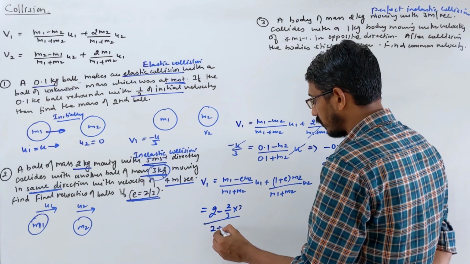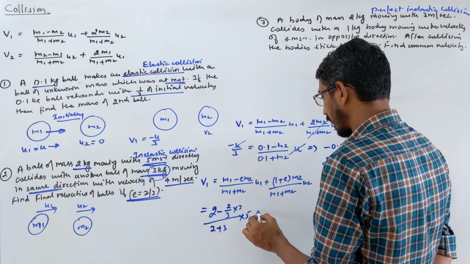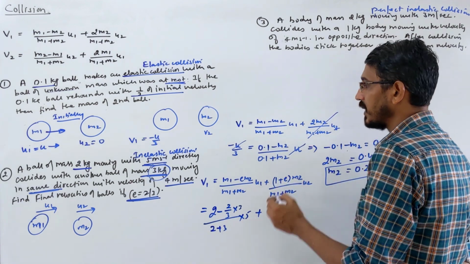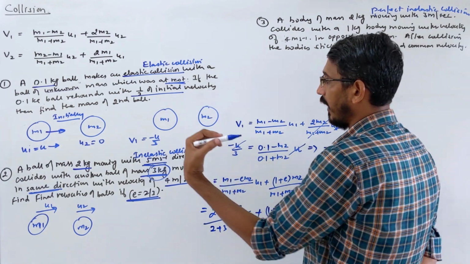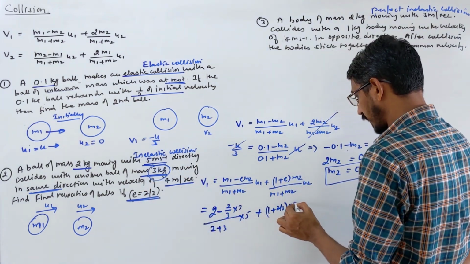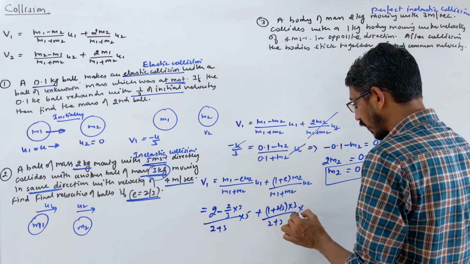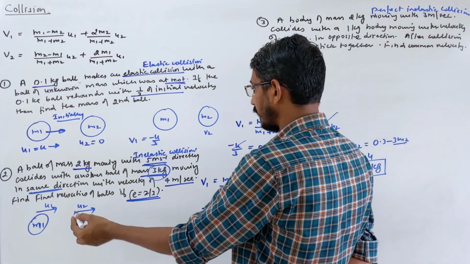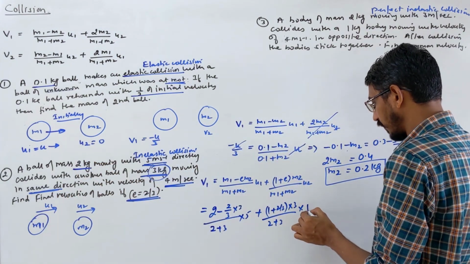But if you want, you can put 2 plus 3 into the velocity of the first ball, which is 5, so this term becomes directly 0. Plus 1 plus E, 1 plus 2/3, into m2, 3 kg, divided by m1 plus m2, 2 plus 3, into velocity u2, which is 4. All are moving in the positive x direction.